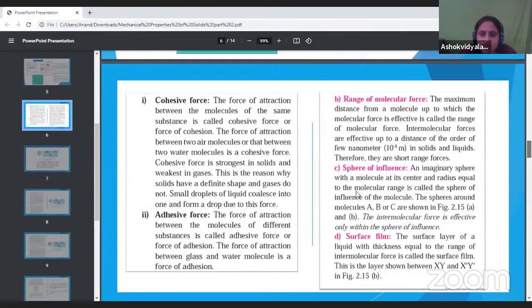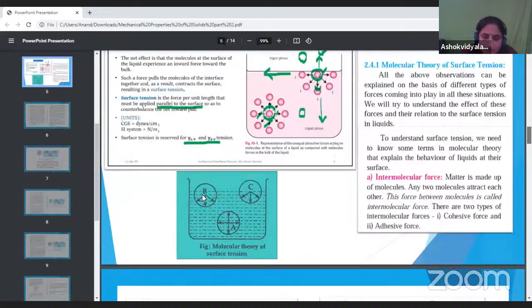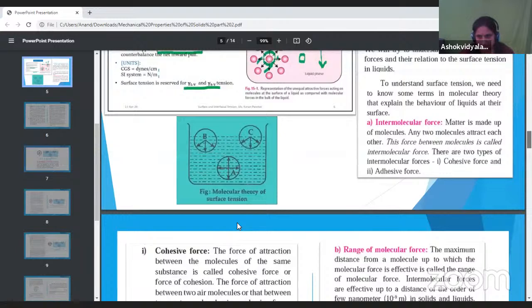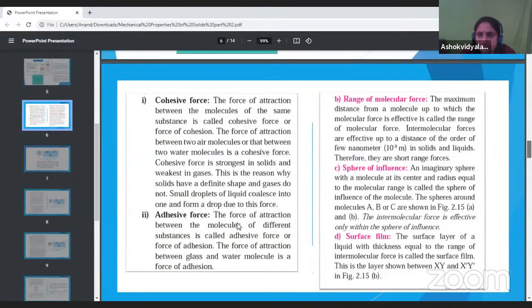The sphere is an imaginary sphere with a molecule at its center and a radius equal to the molecular range. Range means maximum distance.